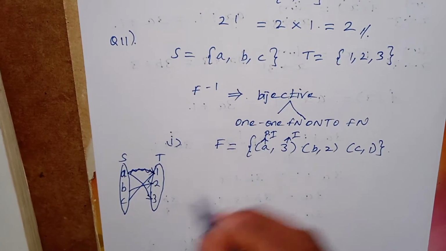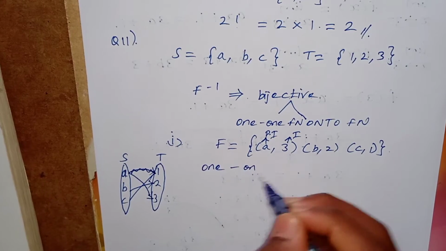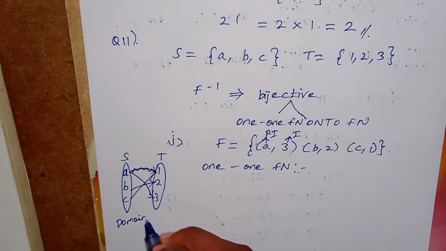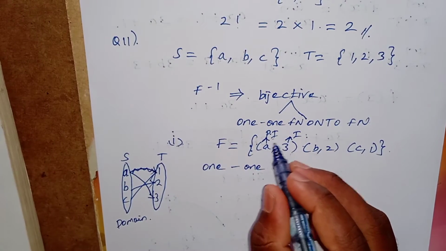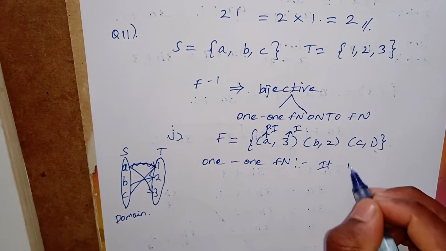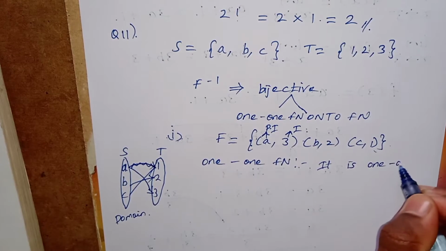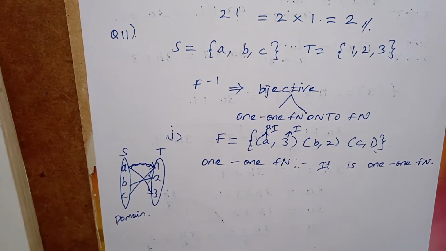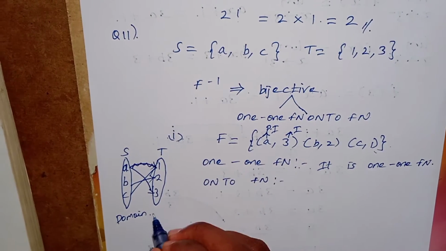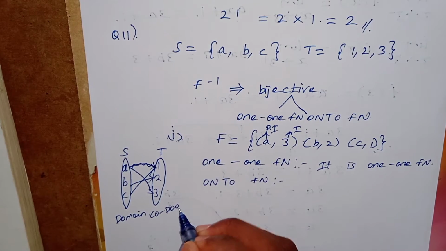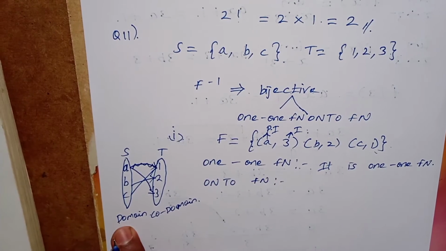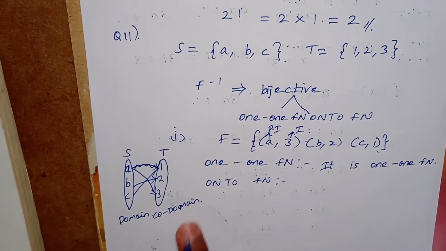Therefore, for checking one-one function or not, you have to check the domain. In the domain, every pre-image has its own image. Therefore it is a one-one function. For checking whether it is onto or not, you have to check the codomain. For checking one-one you check the domain, for checking onto you check the codomain.